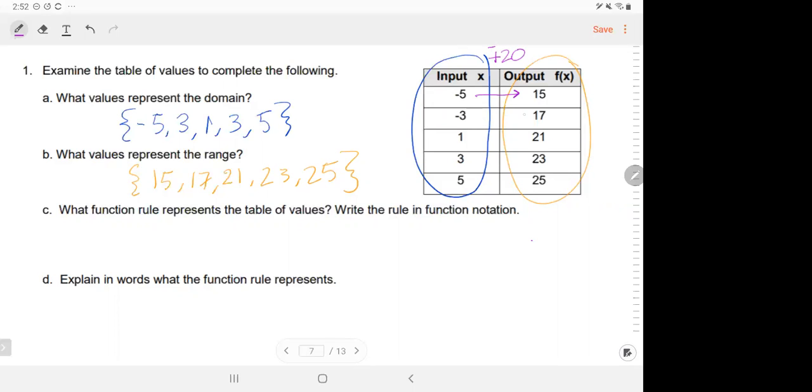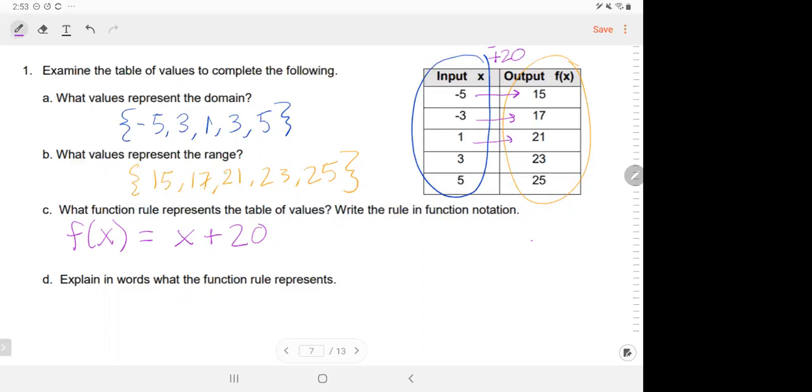If I want to get from -3 to 17, that would work if I add 20. 1 to 21, add 20, 3 to 23, and 5 to 25. Each input, I am adding 20. So if the input is x, I am adding 20 to each value. And in function notation, we write f of x is equal to x plus 20.